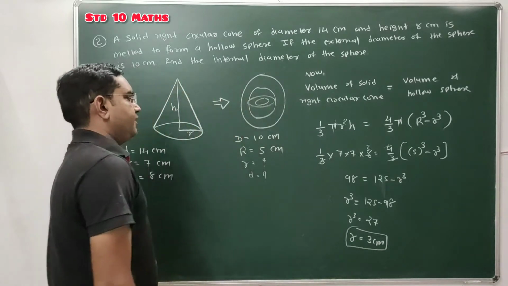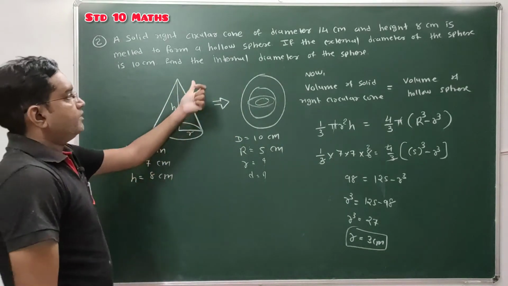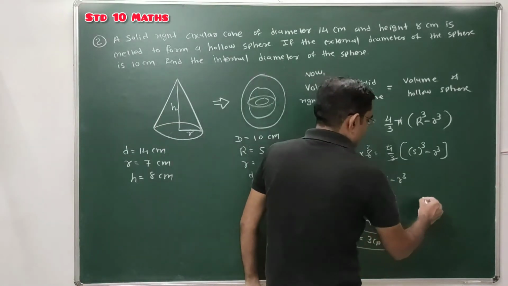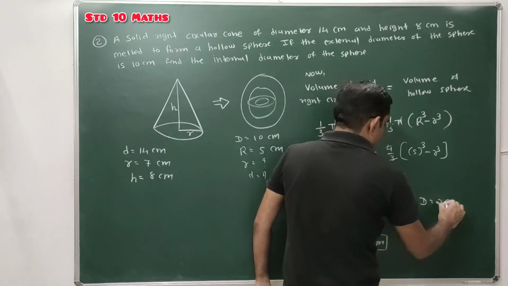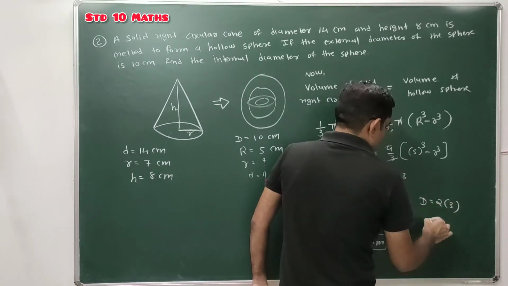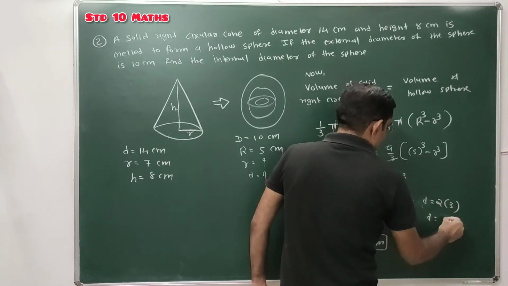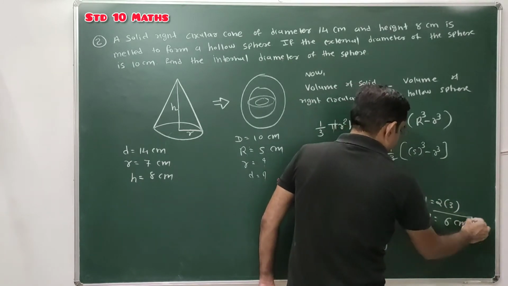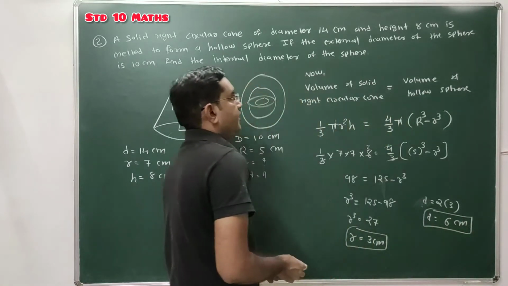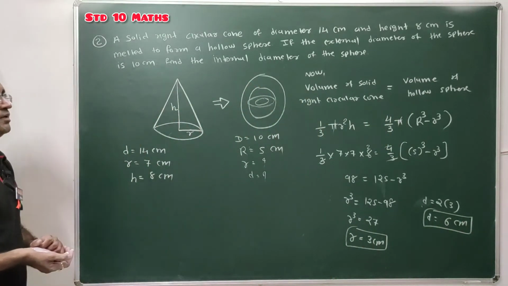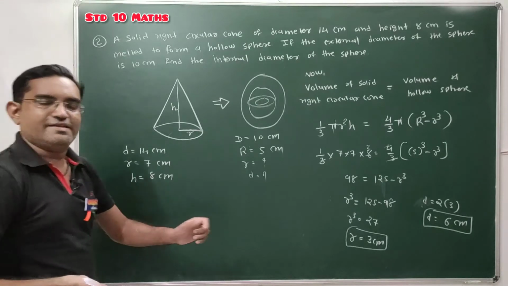That is internal radius. We have to find the internal diameter, and hence internal diameter is twice of radius, so it's 2 into 3, internal diameter small d, so it's 6 centimeter. Done. So your answer is internal diameter of the sphere is 6 centimeter.